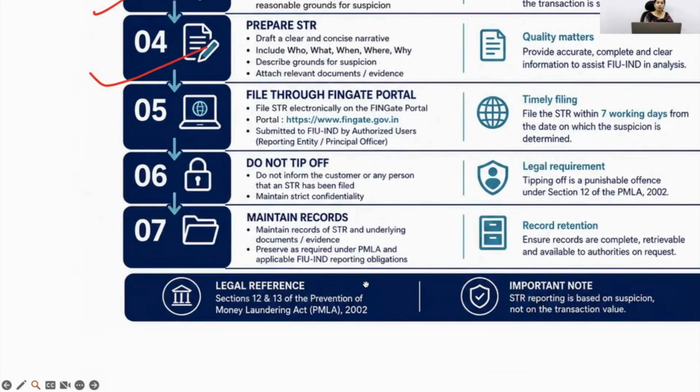And then we move to step number 6, where we say do not tip off. Tipping off is one of the biggest challenges we have seen in AML investigation. So what is tipping off? Knowingly or unknowingly, if you are alerting the customer, it's called tipping off. If you are an AML officer, please make sure that you do not ever disclose this information even to your respective branch.